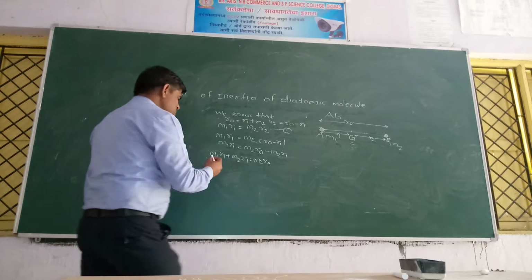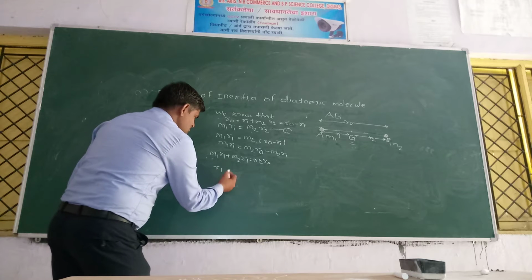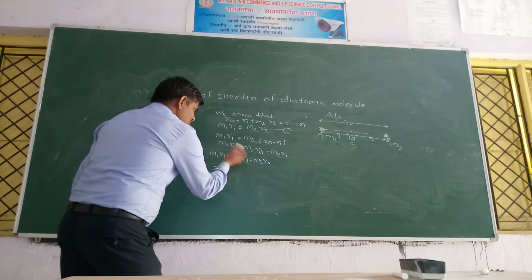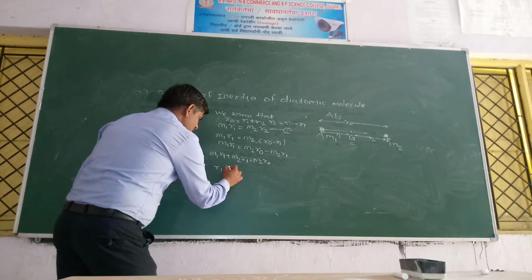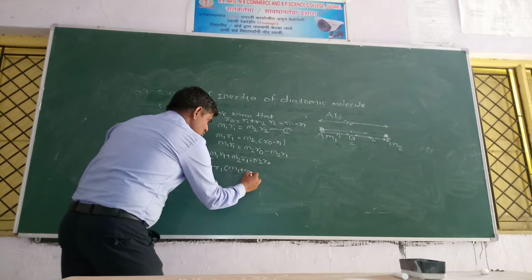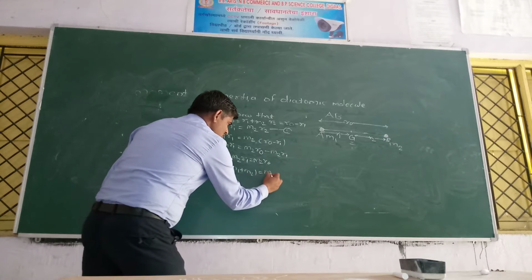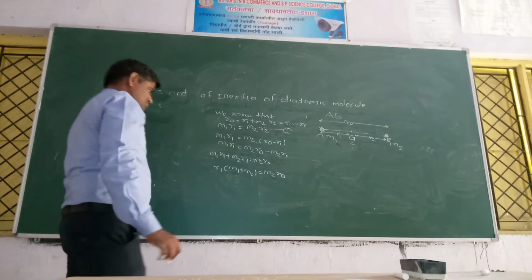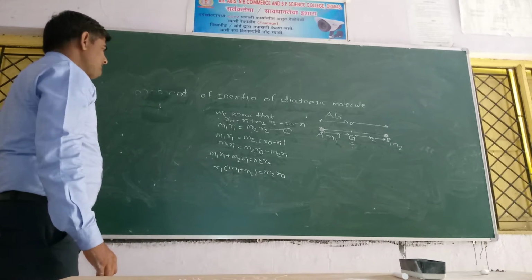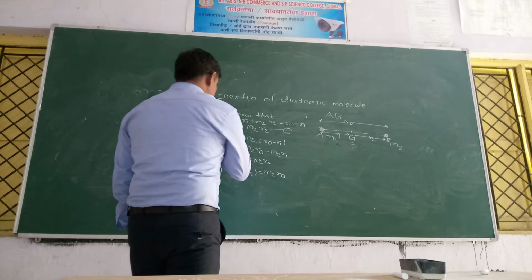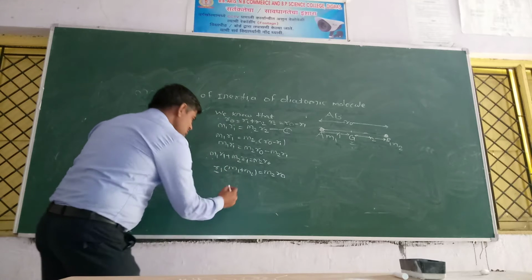Common term: R1 common, so R1 times M1 plus M2 is equal to M2 R0. Then how to calculate this R1 value?